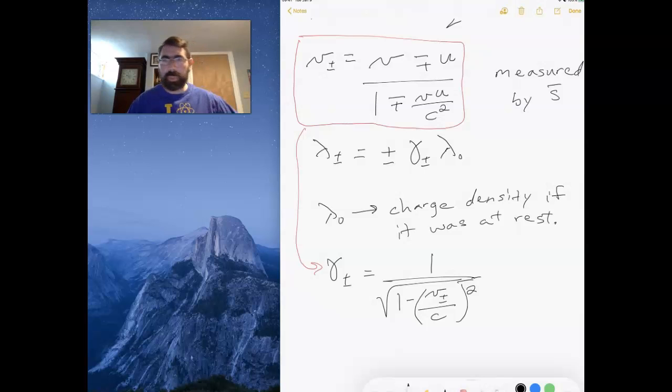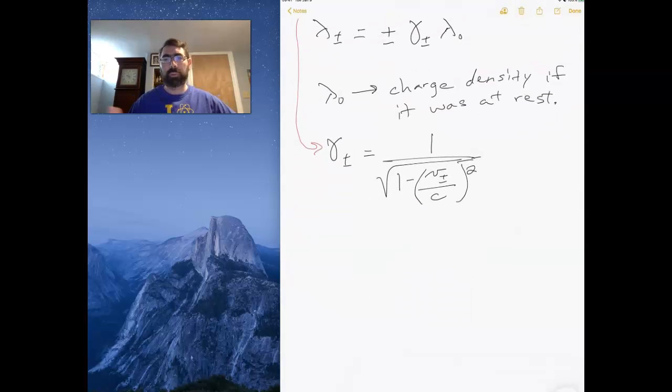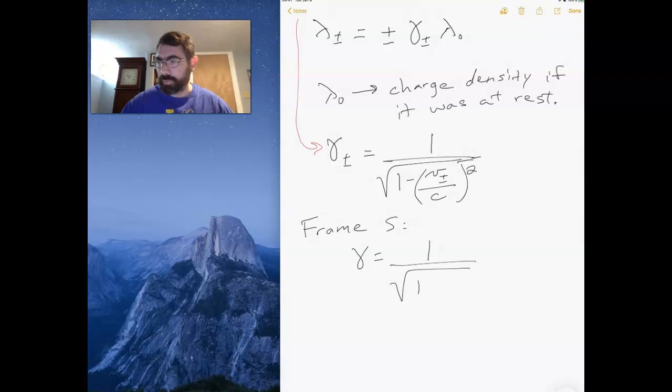Now this follows the same from the perspective of frame S. From frame S's perspective, the gamma factor is 1 over the square root of 1 minus v divided by c quantity squared, and you can then measure the line charge lambda in frame S as gamma lambda naught. So for each of the frames, either frame S or S bar, we have these gamma factors.